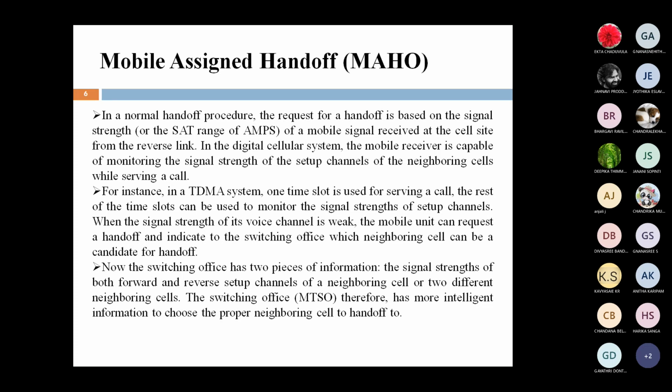So the request is sent from the mobile station to the base station, and from the base station to the MSC or MTSO. Now the MSC or MTSO searches the base station location, the mobile station location, and which is the nearest base station for that mobile unit. Once it is found, it allocates a new channel. This is called mobile assigned handoff, that is MAHO. Nothing but the mobile itself assists and requests the handoff.